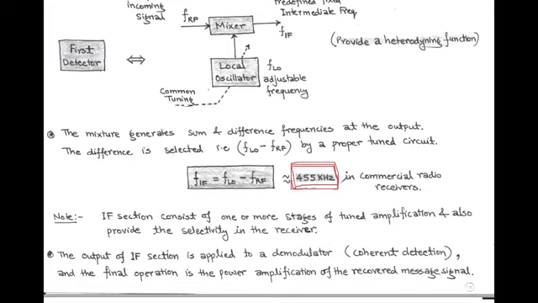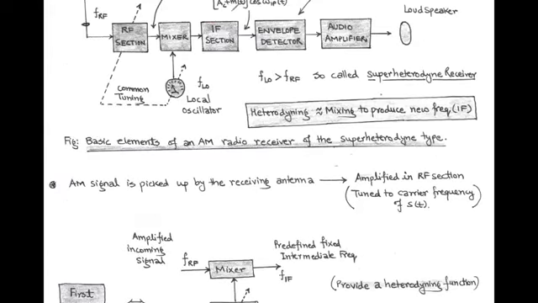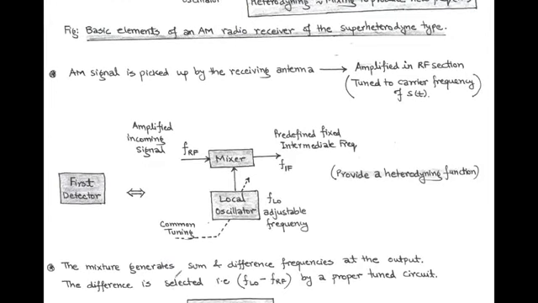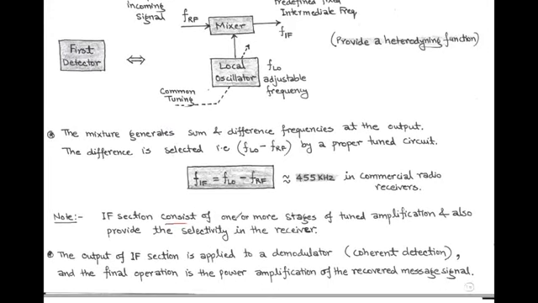This predefined fixed intermediate frequency is applied to the IF section, that is called the intermediate frequency section. Here the IF section consists of one or more stages of tuned amplification and provides the selectivity in the receiver.